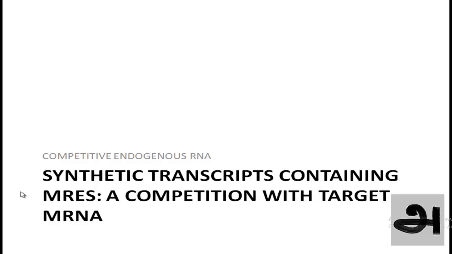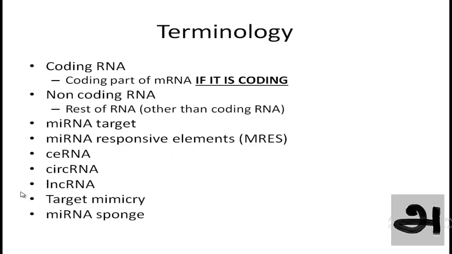The synthetic transcript containing MREs nullifies the effects of that particular microRNA in a cell. So he hypothesized that in a cell there is the possibility that some such RNA can have MREs for a particular microRNA, so it can block the microRNA responses or functions in a particular cell. These experiments led to the discovery of competitive endogenous RNA.